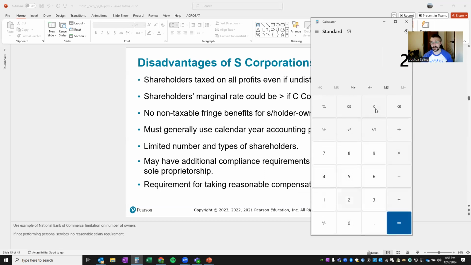Let's say 25% of your time is spent there. So if I do this, 20,000, you're spending a quarter of your time there. They're saying that your reasonable compensation should be 80,000. If your next highest employee is making more than that, they might take issue with it.